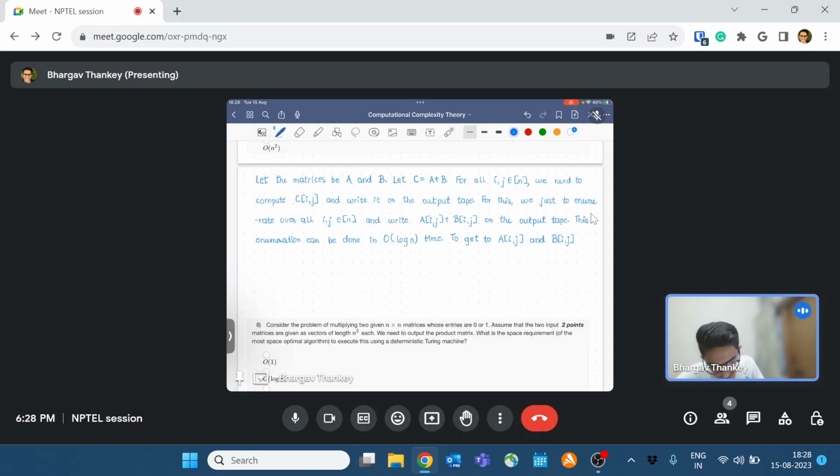So to get to it, we would need... So will it be of the order of log n time or... Oh wait, yeah, this is space.